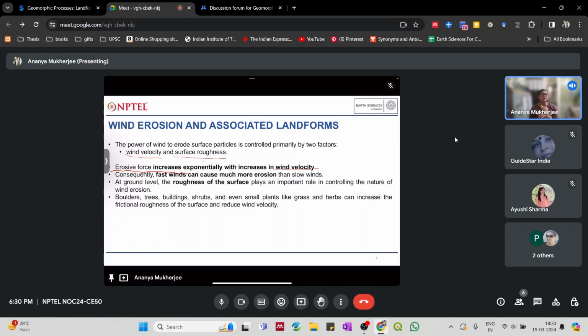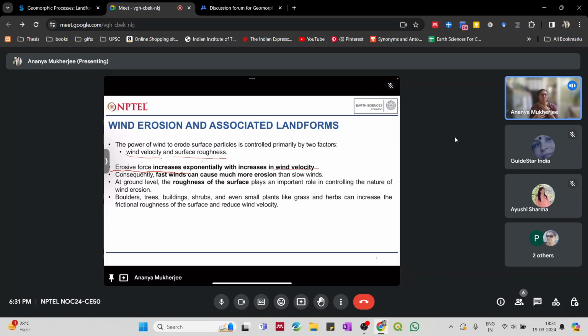Now the roughness of the surface has a role to play. If the friction is increased, if there are more obstructions, or more surfaces that the wind has to blow over, the frictional force, that is the resistive force due to these features, can reduce the wind velocity, and then you will not have as high an erosive action as there would be if no such features were present.